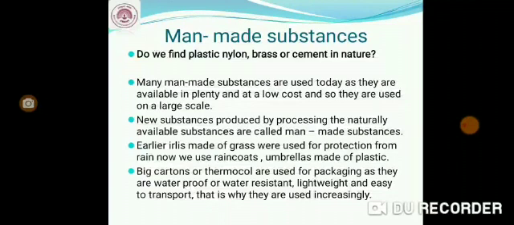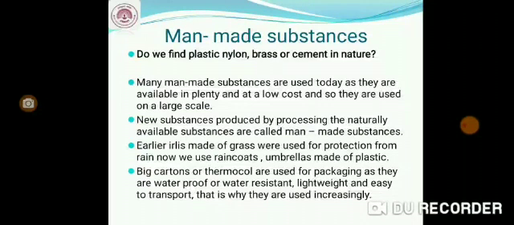Now, big cartons or thermocol are used for packaging as they are waterproof or water resistant, lightweight and easy to transport. That is why they are used increasingly. This is also a man-made substance, thermocol or the big cartons used for packing your refrigerator, or if you have newly bought a washing machine, you will see how the packaging is done.